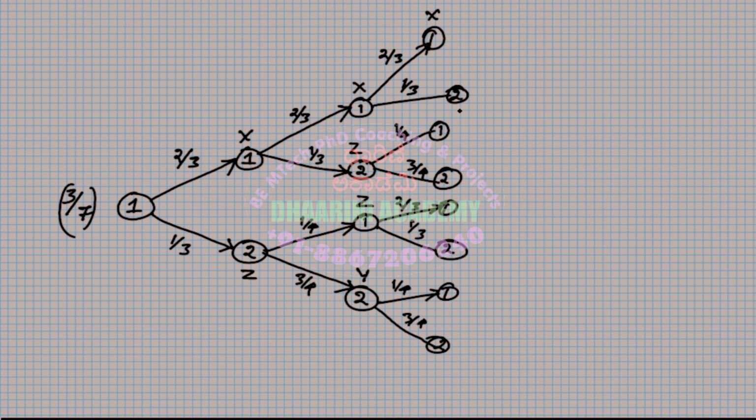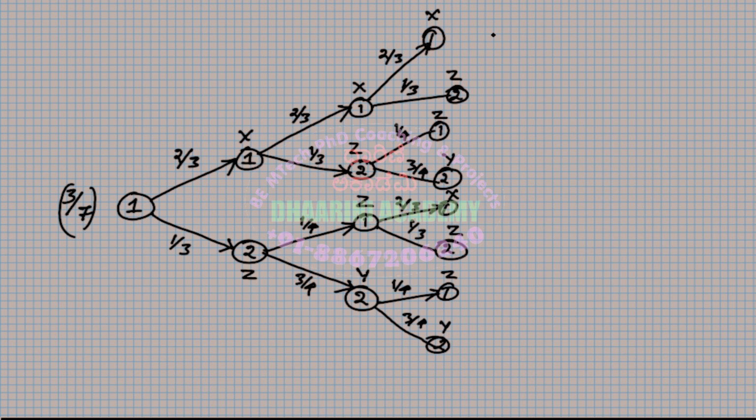So write the symbols that you are going to generate. 1 to 1 is X, 1 to 2 is Z, 2 to 1 is Z, and 2 to 2 is Y.